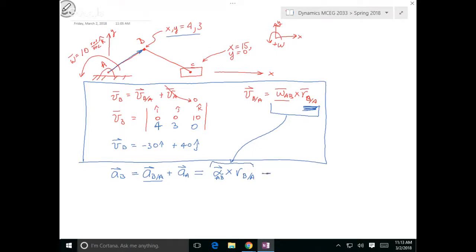But it also has a minus omega_AB squared R_B/A. And then, of course, I have the acceleration of A, but I already know that's 0.